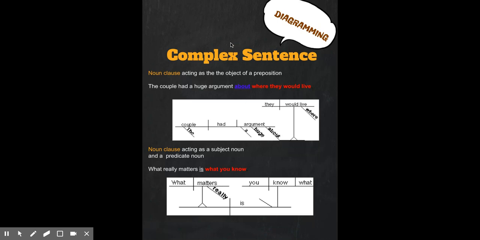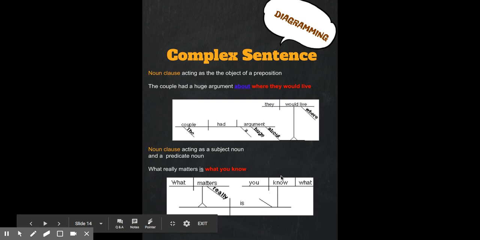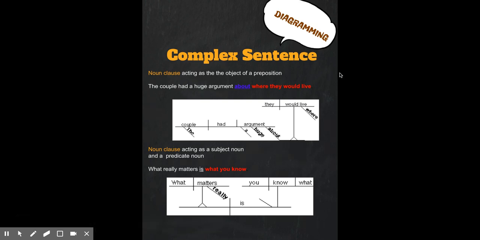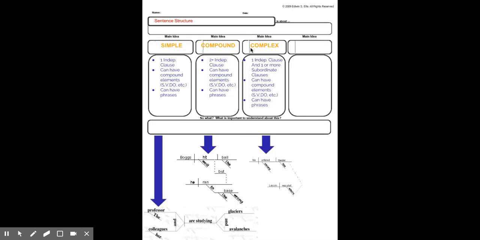So, big point here, complex sentences have clauses, either adjective clauses, adverb clauses, or noun clauses. That's what makes it complex. So a complex sentence then is one independent clause, just one, and then one or more subordinate clauses, adjectives, adverbs, or noun clauses. And then our examples down here, what we just went through.